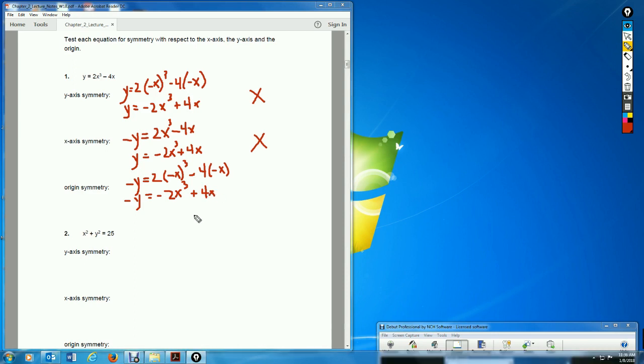Multiply the entire equation by negative 1, which means multiply every term by negative 1. So then y equals 2x cubed minus 4x. And if we compare that to the original equation, yes, that is the same. So in other words, this is symmetric with respect to the origin.